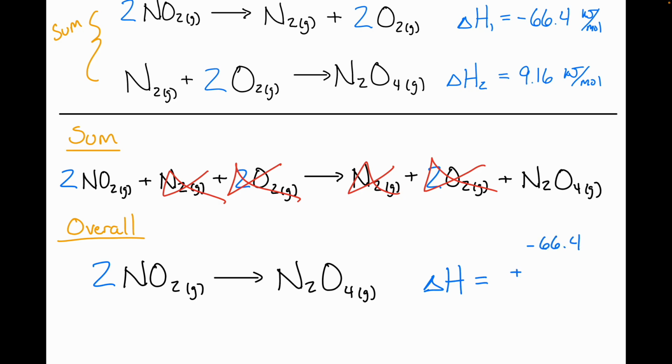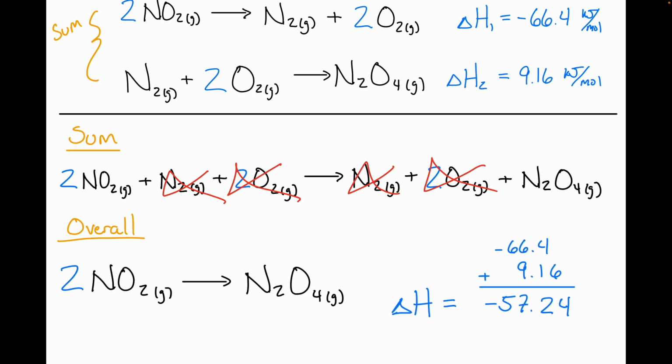I'm going to add the 9.16, and I'm going to line it up at the decimal to be good with sig figs here to show that my overall reaction has an enthalpy of negative 57.24. With that sig fig, we're just going to keep it marked. Kilojoules per mole.